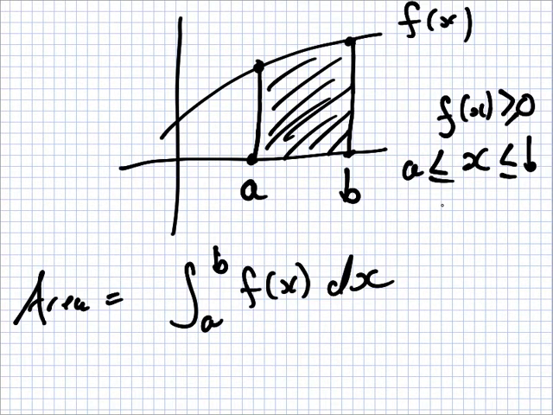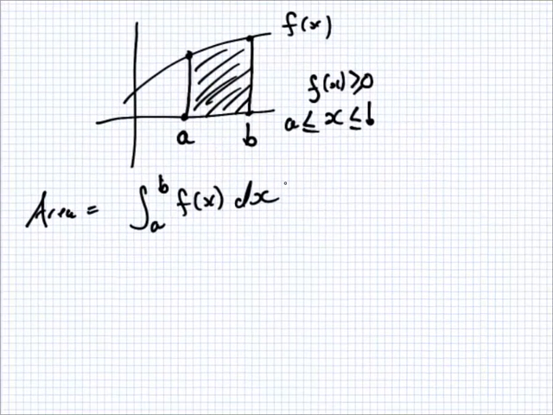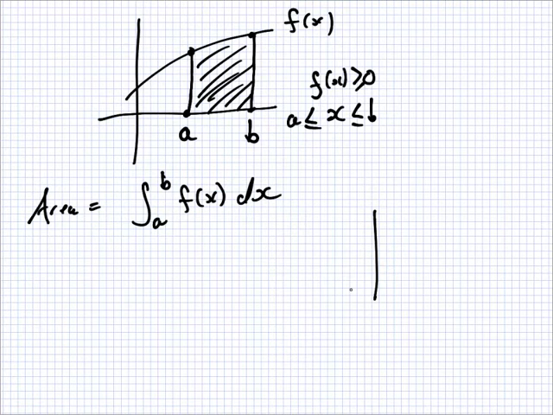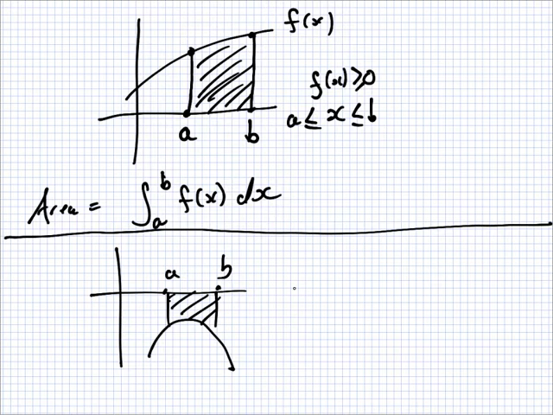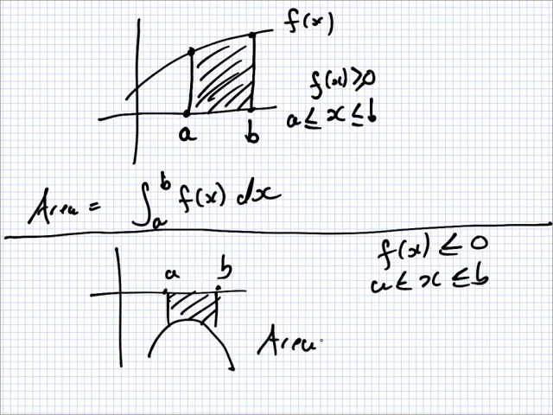Now you might say, what's the deal if it's not? Situation 2 is if your curve was under the axis and you have a and you have b and you want to know the area under the curve. The good news is, this is when f(x) is negative between a and b, the formula is only slightly different.